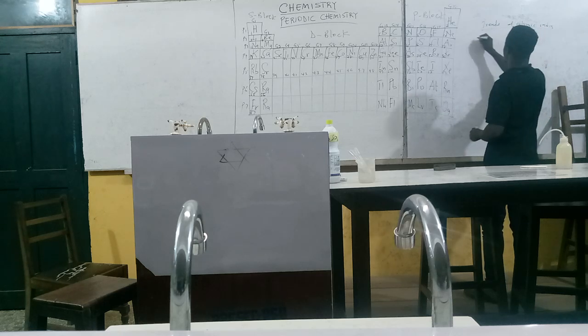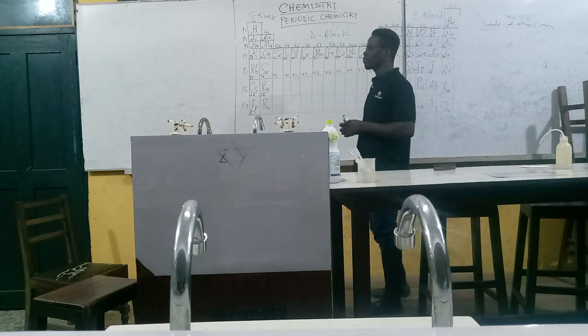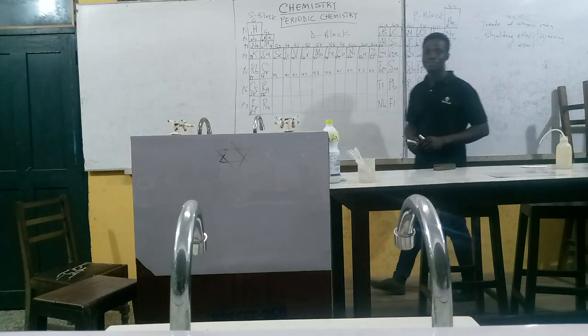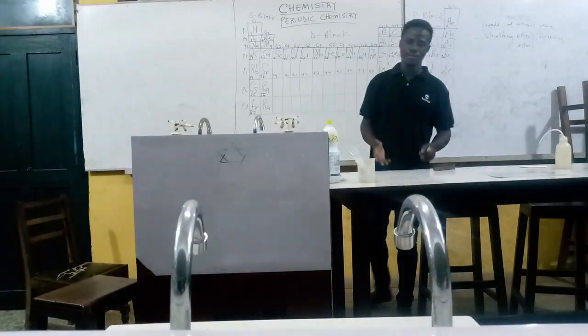There are two main things that affect the size of an atom. The first is called the shielding effect, or screening effect. Either you say shielding effect or screening effect.